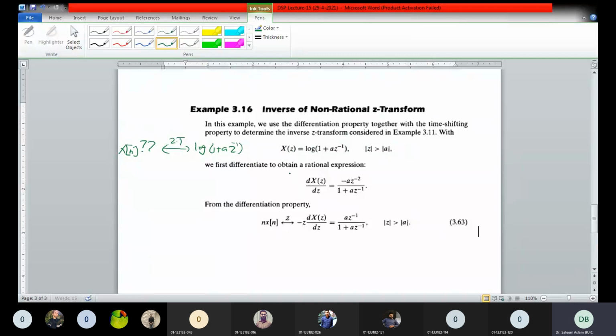But now you don't know the direct formula to compute this log, because we know two pairs: a to the power n u of n, whose z transform we already know, that is 1 over 1 minus a z inverse, |z| greater than a, right?